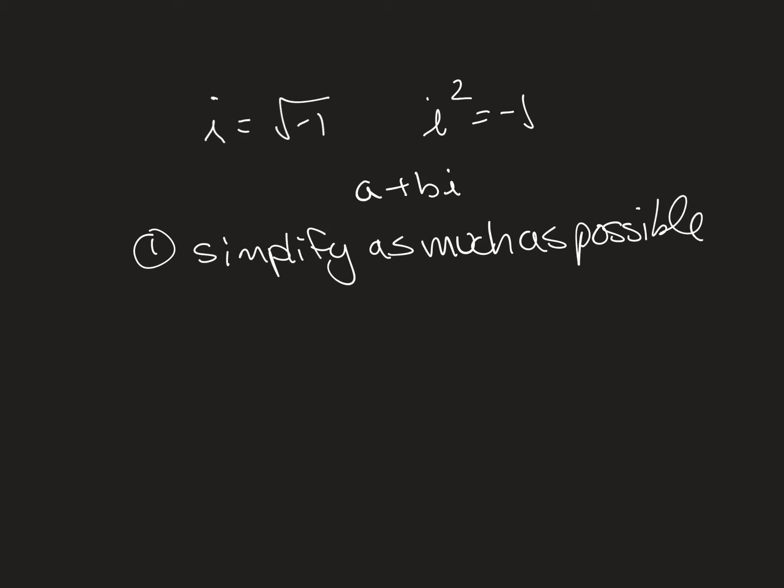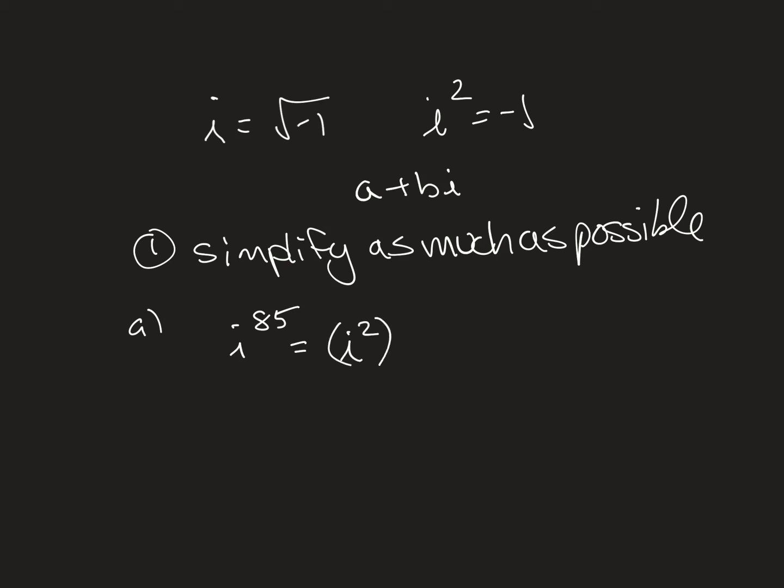All right, so let's do this first one. What if I said simplify i to the 85? So clearly bigger than i to the 1. People have different ways of approaching this. Some people think of dividing by 4, and honestly, in my Honors Algebra 2 class, I do talk about it that way, but I think the easiest way is, since we know i squared is negative 1, let's just rewrite this in terms of i squared.